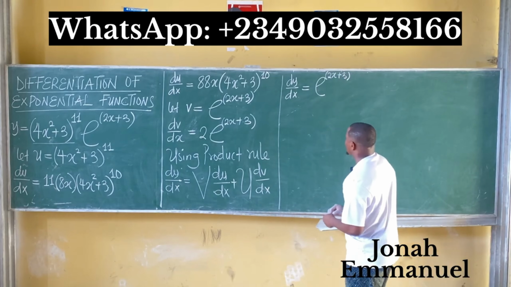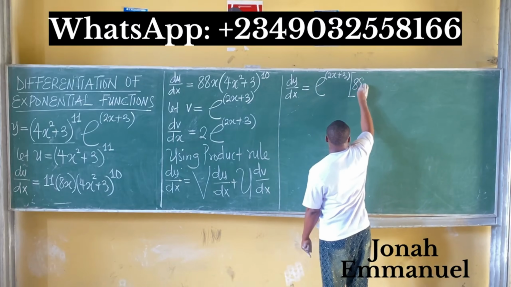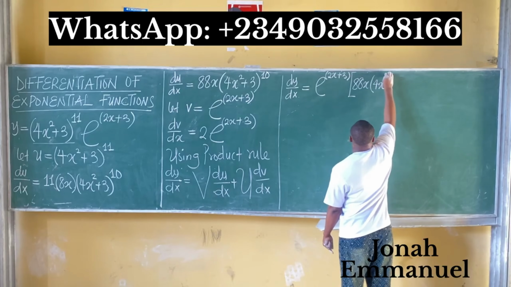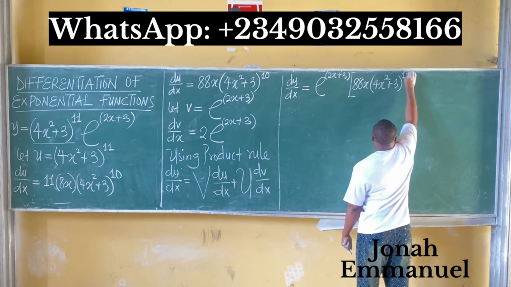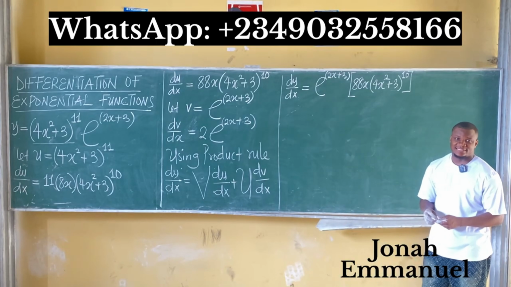Give me du dx. What's du dx? That becomes 88x into 4x squared plus 3 to power what there? Please observe how I'm using my square bracket. I explained this last time.